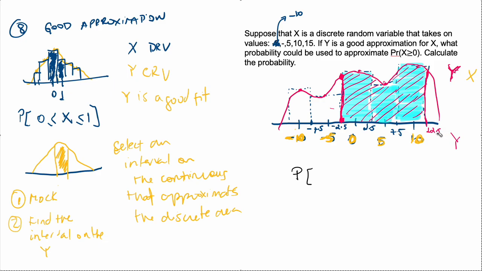It's greater than, so it doesn't even stop, right? It doesn't even stop. So actually the blue area here goes forever there. You just keep going. So the probability is y greater than or equal to minus 2.5. Okay?